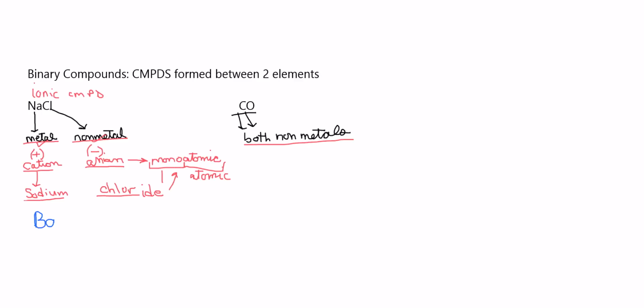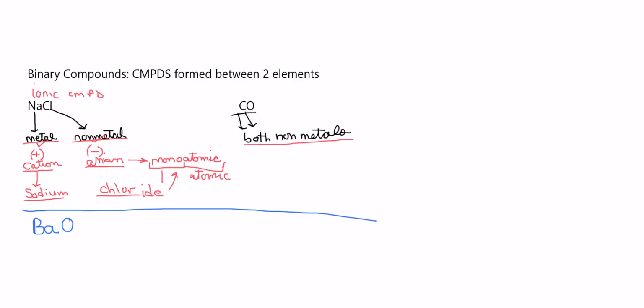How about this? That's another binary compound, isn't it? Let me give you a chance to know why it is a binary compound. Whoops, that's interesting. See what I just did? I was able to pick up and move.